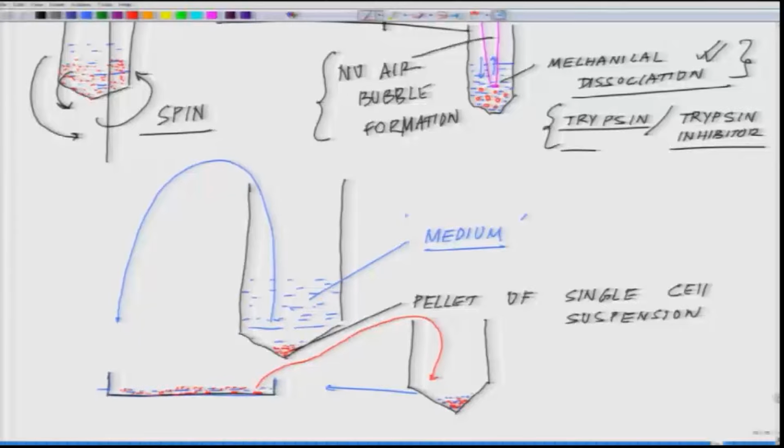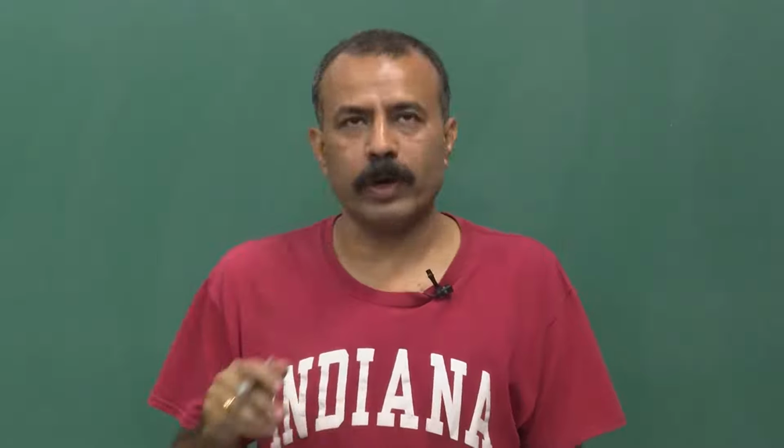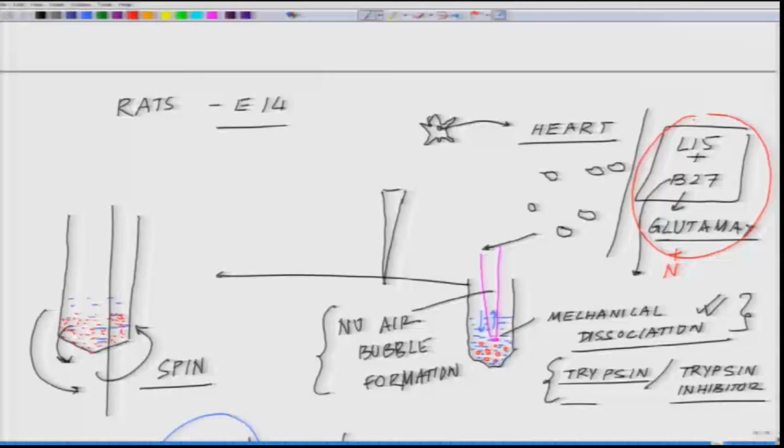One of the easiest media that I have developed over the years is, for this, E14 plus Glutamax. If you want to use a carbon dioxide incubator to grow them, then you add sodium bicarbonate. I have forgotten the percentage, that you can cross check or I will let you know.